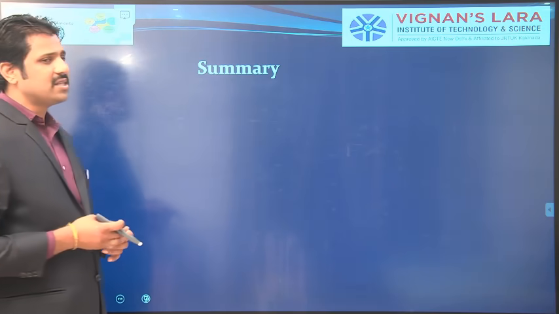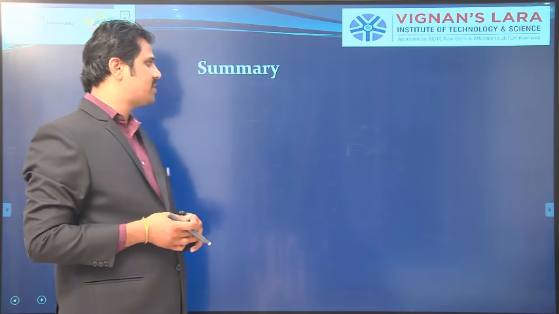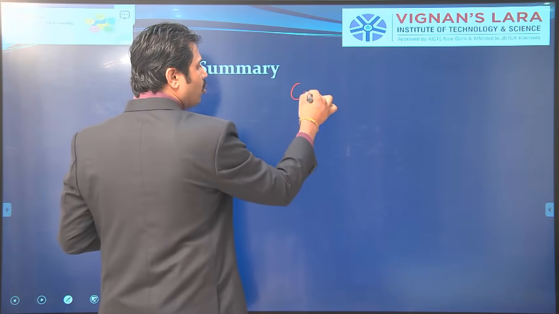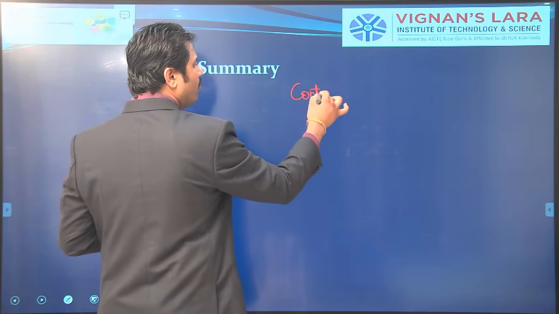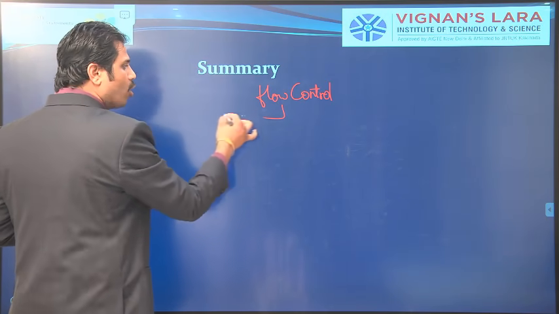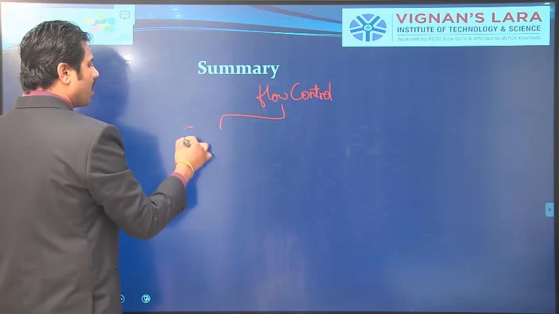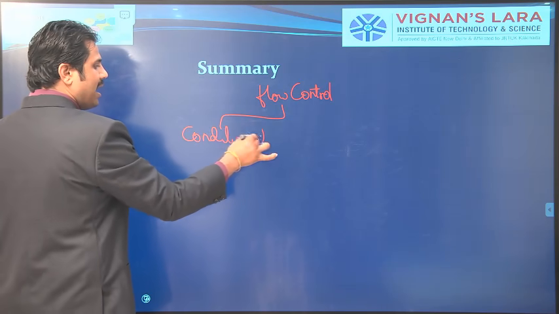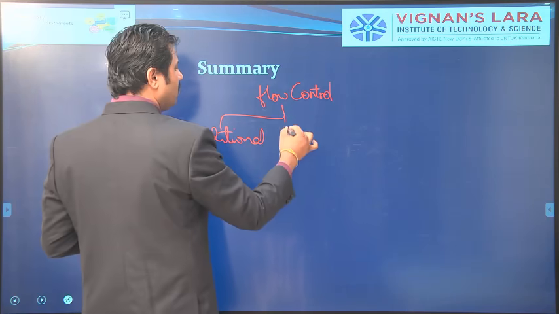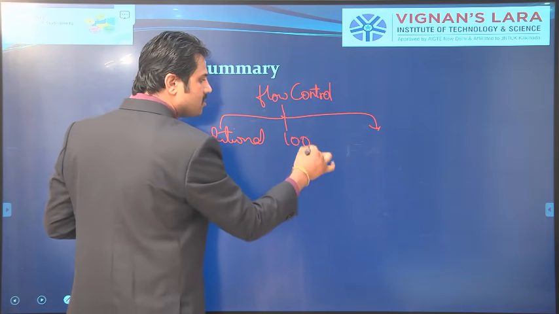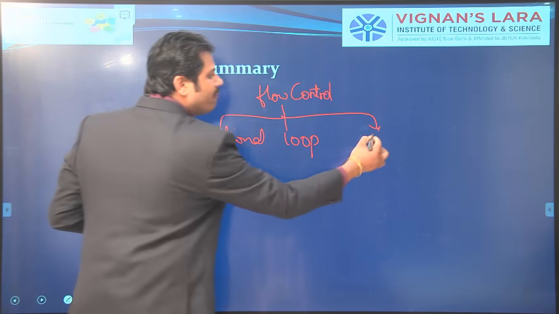Okay, so let us summarize this. First we have flow control, having conditional statements, loop statements and functions.